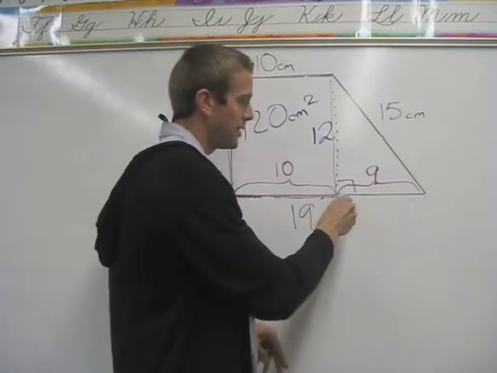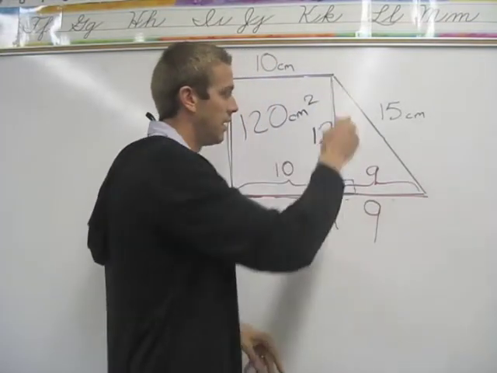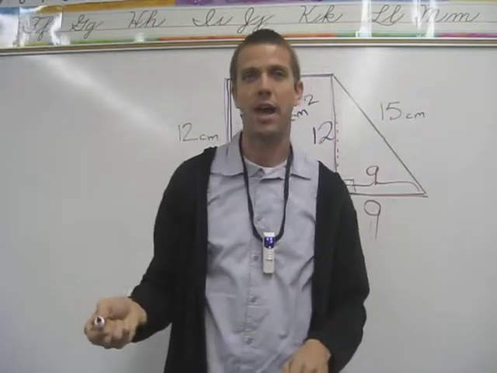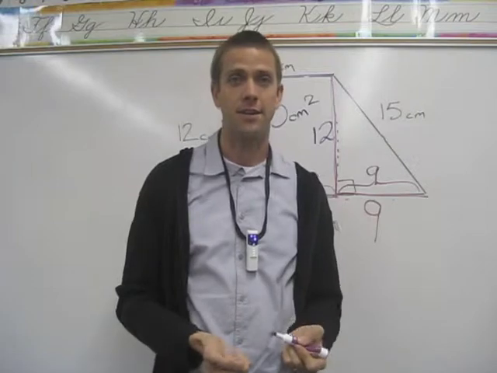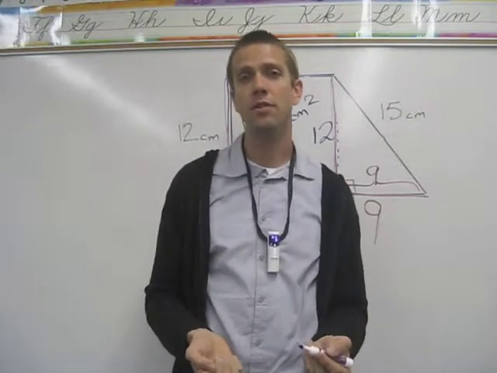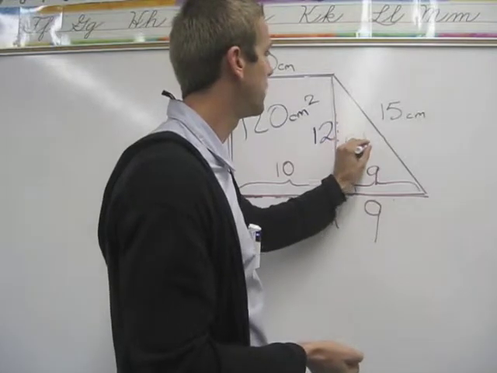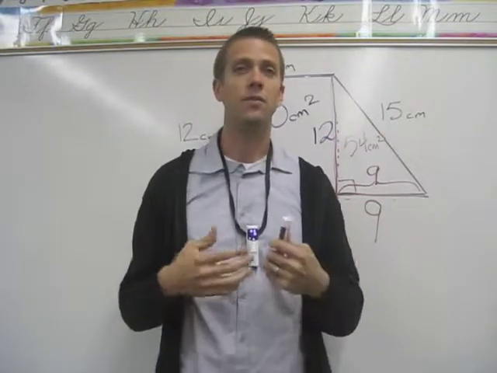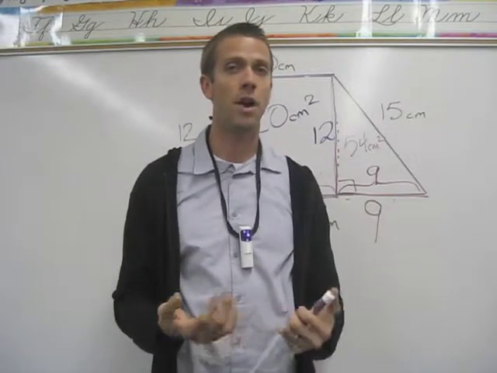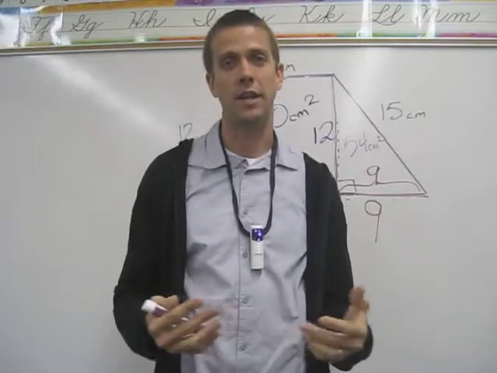So the bottom is 9 of my triangle. My height is 12. And then you have to remember what 9 times 12 is. It is 108. 108 divided by 2 is 54 centimeters squared. And if you add 120 to 54, you're going to get 174 centimeters squared in total.